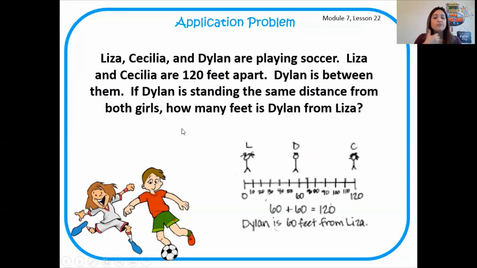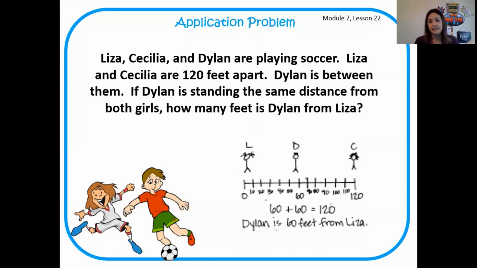All right, so here's what I did. Because we've been working with counting by 5s and by 10s, I figured it'd be easier for me to count by 10s. Just like I showed you on my whiteboard, Liza started at 0, right? And we knew Cecilia was at 120. We needed to figure out where Dylan was.